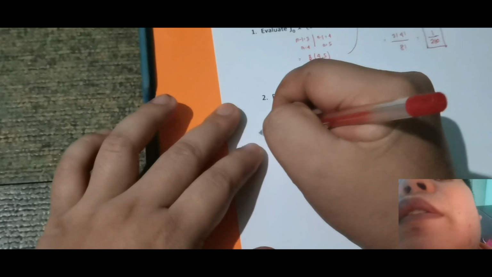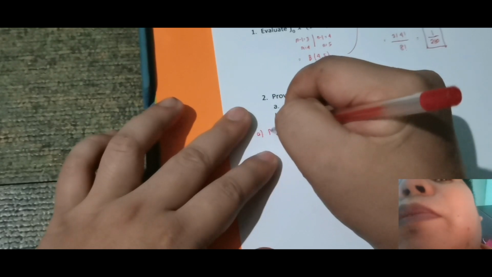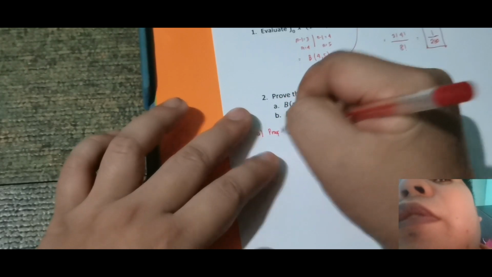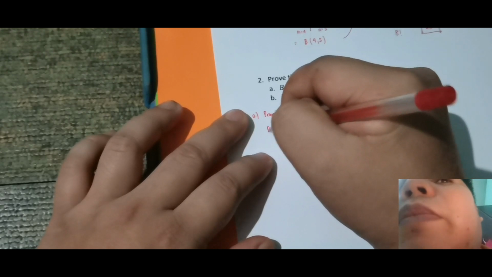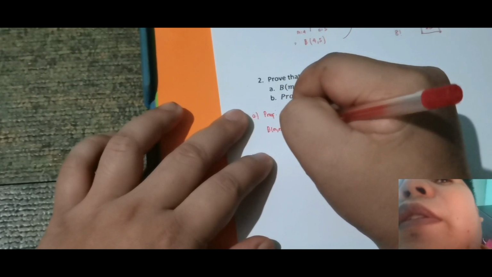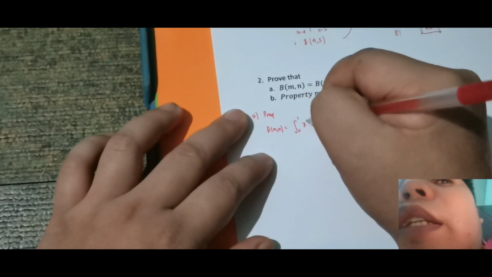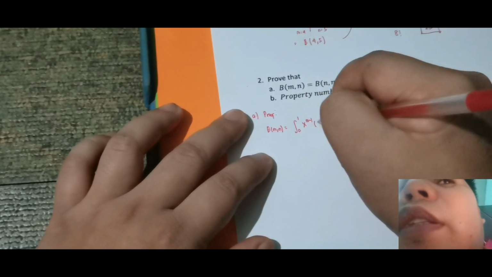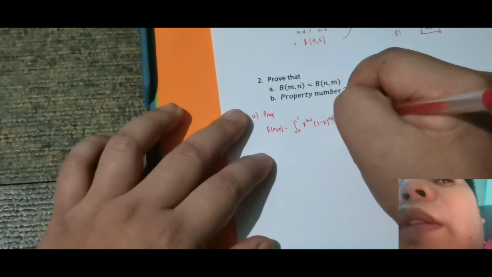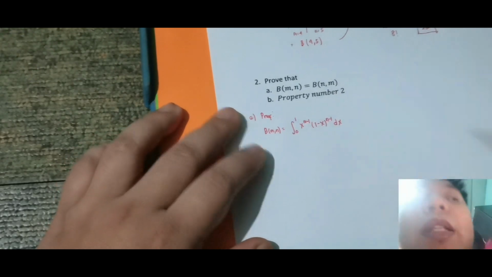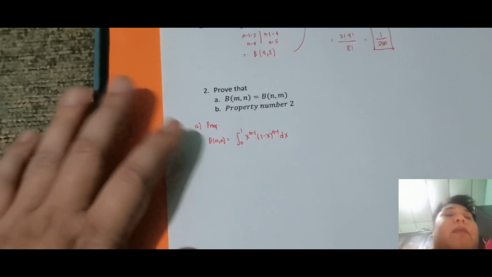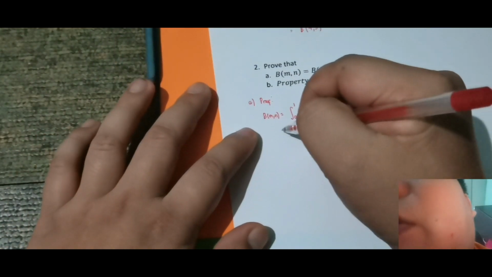Okay, so, for letter A, ito yung proof. So, consider natin si B of m comma n. This is just equal sa integral from 0 to 1 ng x raised to m minus 1 times 1 minus x raised to n minus 1 dx. This is by definition of beta function. So let us use this transformation.